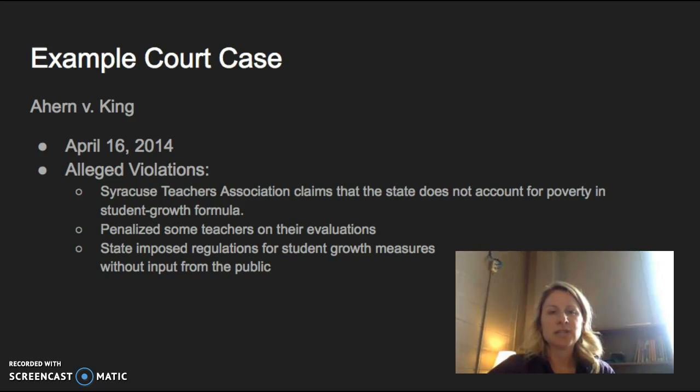And so it's interesting that some teachers would say that this is a very real thing that needs to be taken into account, that teachers in some schools would be able to have much higher evaluation rankings because of student growth and student test scores than in another. And so I found this really interesting that they brought this to court, and also that they had very little input from the public.